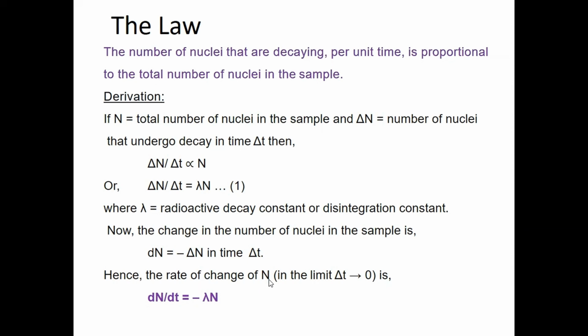So the rate of change of N with respect to time, in the limit that delta t goes to 0, is given by dN over dt equals minus lambda times N. So the first equation gets modified into this rate equation, the first derivative of N with respect to time equals minus lambda times N. It is the same as saying that the number of nuclei decaying per unit time is proportional to the total number of nuclei in the sample.